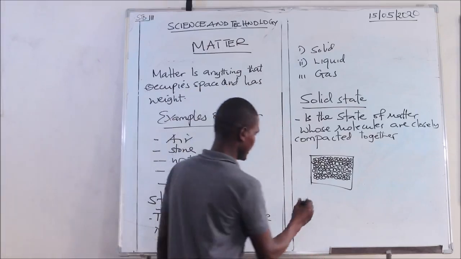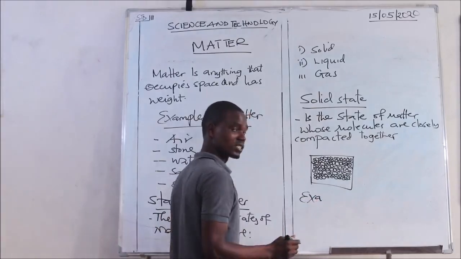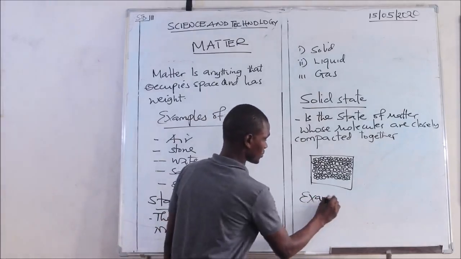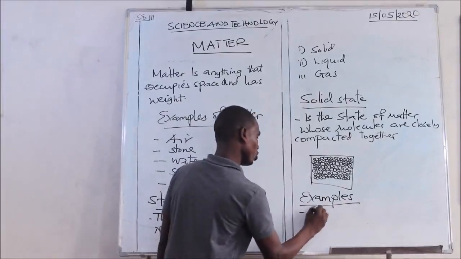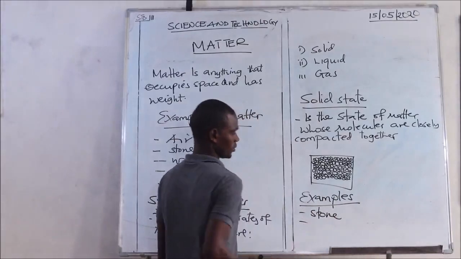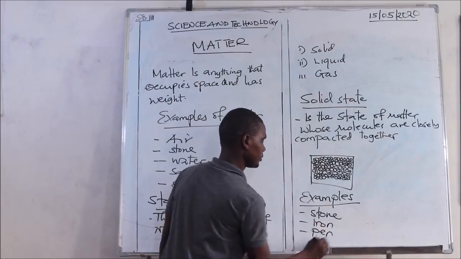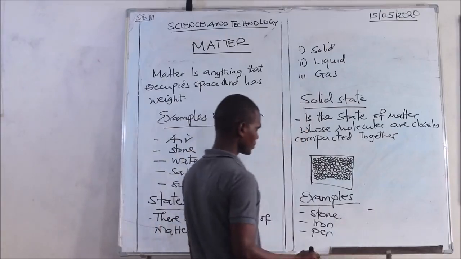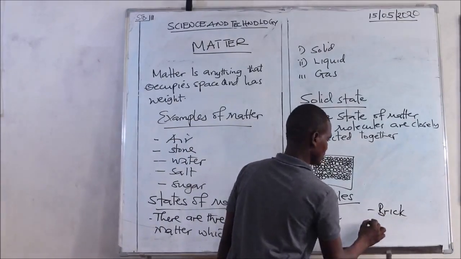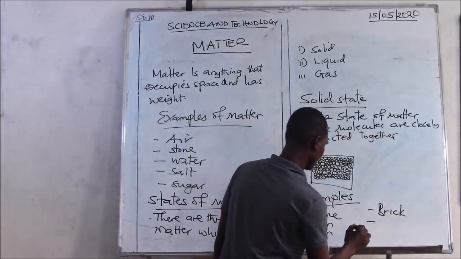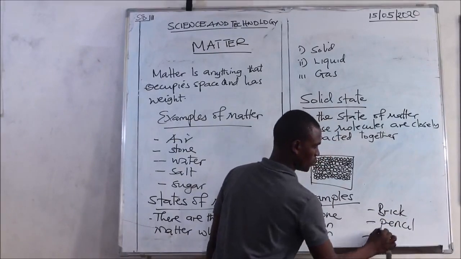Now, examples of solid. Let's see examples of substances in solid state. Examples, we can say stone, iron, pen, we can talk of bricks, we can talk of pencil, we can talk of book.